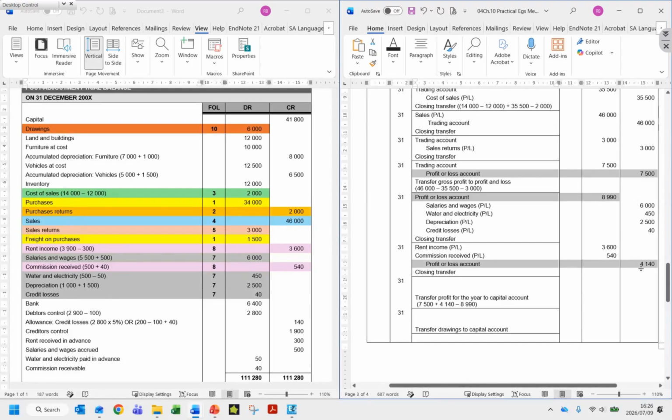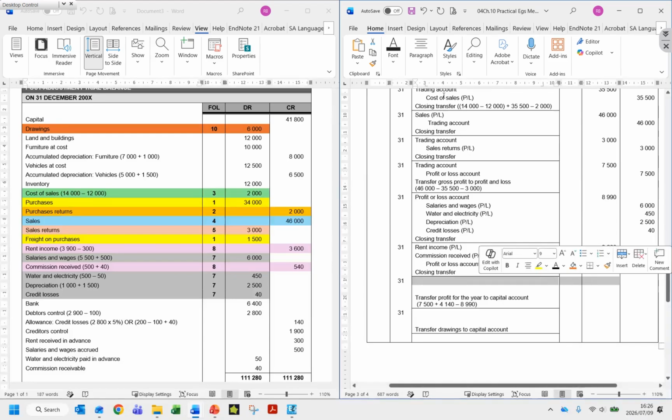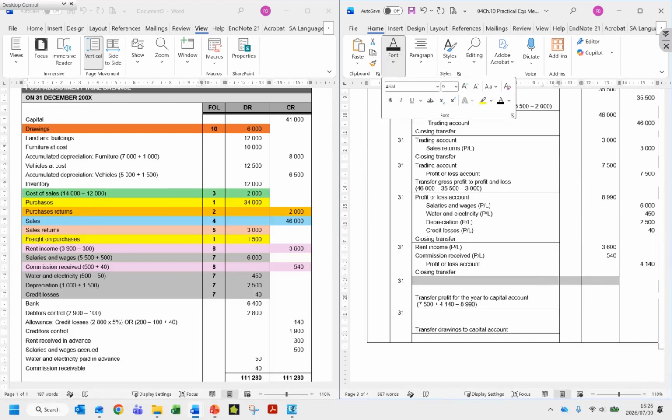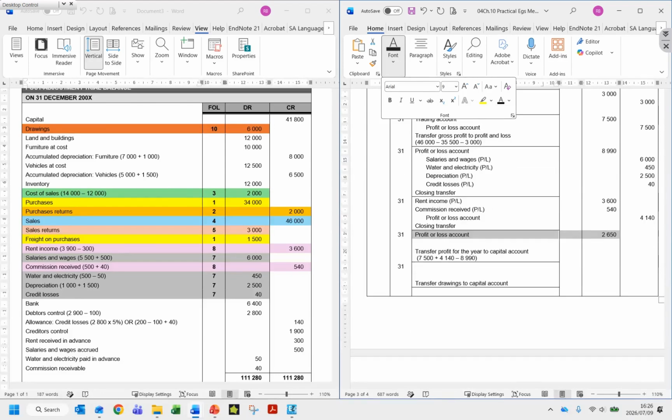Because the credit side has a larger total, there is therefore a credit balance in the profit or loss account, which represents a profit for the year. Because we have a credit balance in the profit or loss account, to close it off, we need to debit it. So the amount that then is the balance in the profit or loss account is 2,650 Rand.